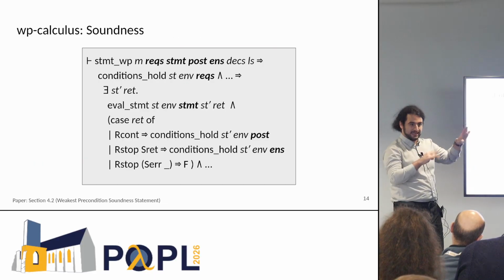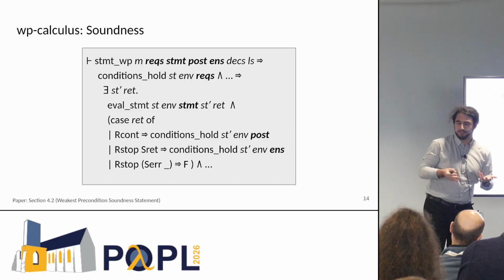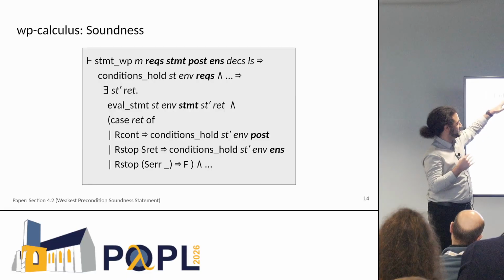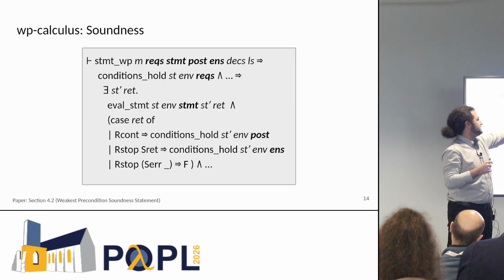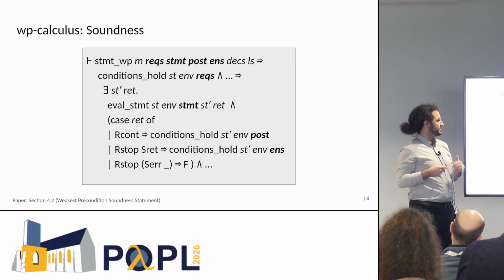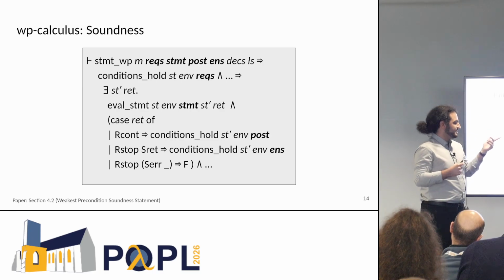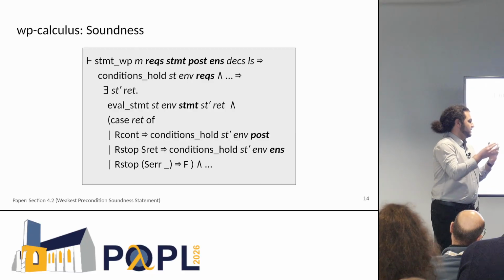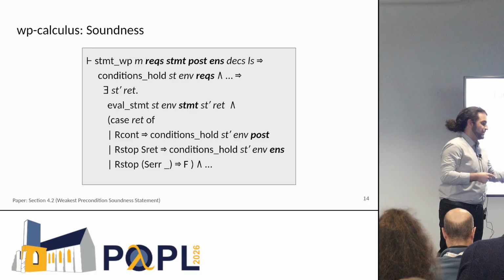And then, as promised, the soundness statement. If you're familiar with soundness statements, it's very intuitive. It says if you have a proof that for the precondition, you execute the statement, and then you have post and ensures, then if you start in a state which satisfies the precondition, there exists a state and a return value such that executing the statement in the initial state, you get some return value that is not a failure.